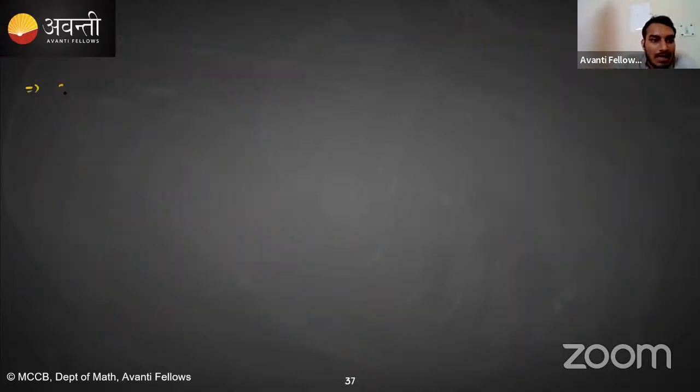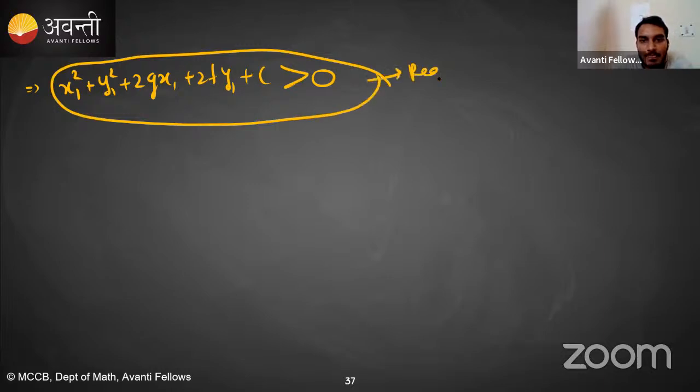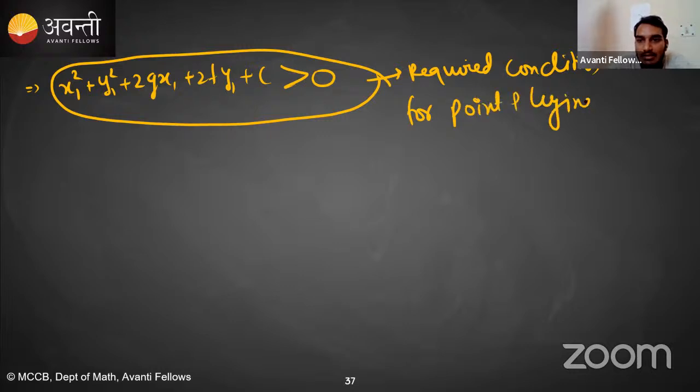So it implies x1 square plus y1 square plus 2gx1 plus 2fy1 plus c is greater than 0. This is the required condition for point P lying outside the circle.